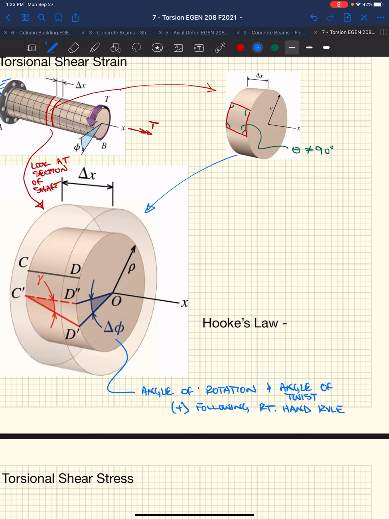This gamma is our shear strain. Strain is a change in deformation over the original length. And so in this case, we have a linear increase in strain.